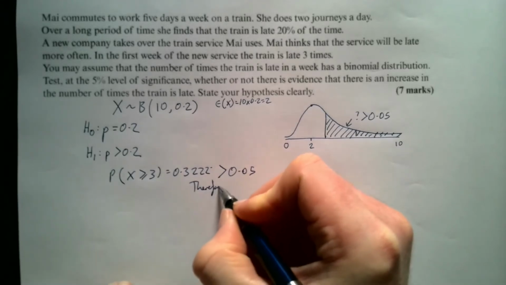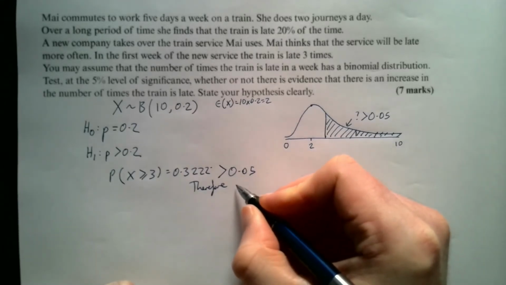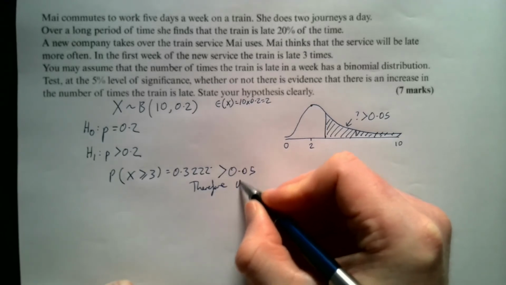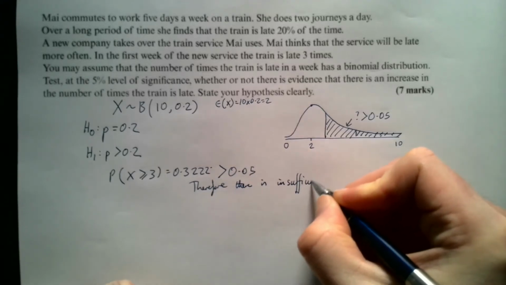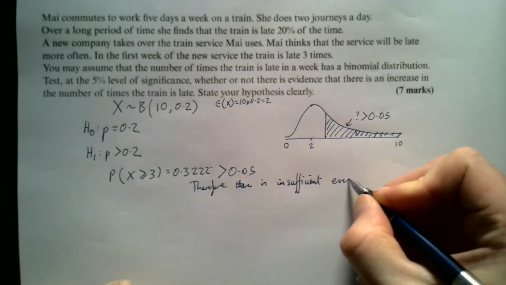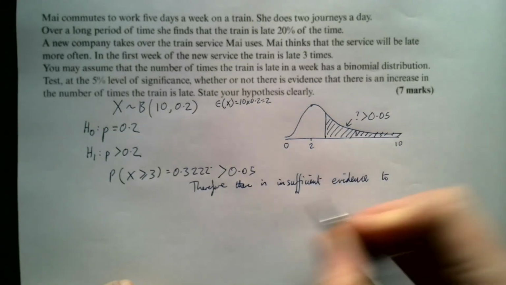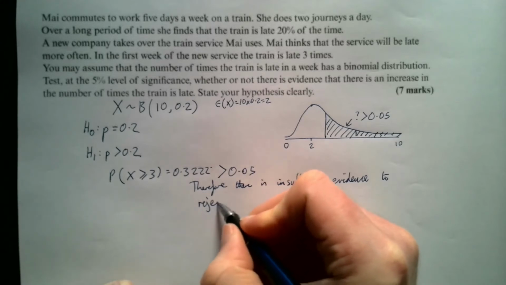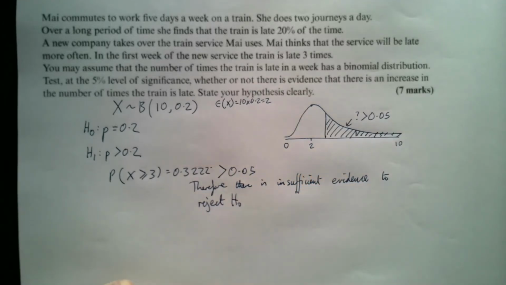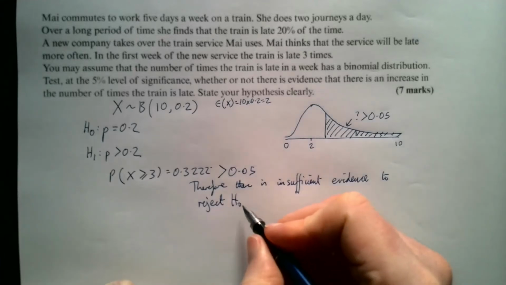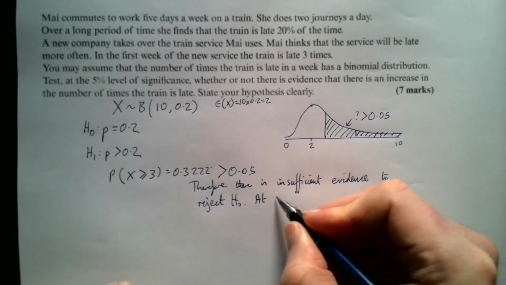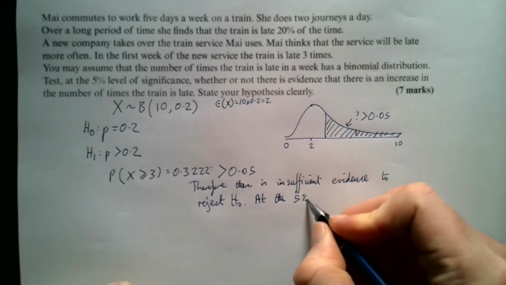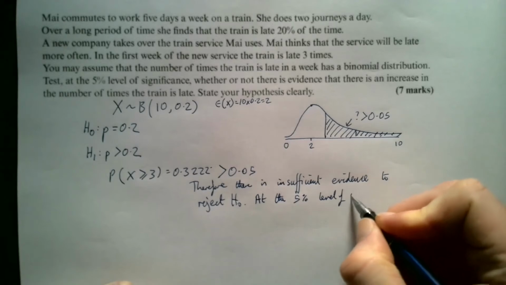Therefore, there is insufficient evidence to reject the null hypothesis at the 5% level of significance.